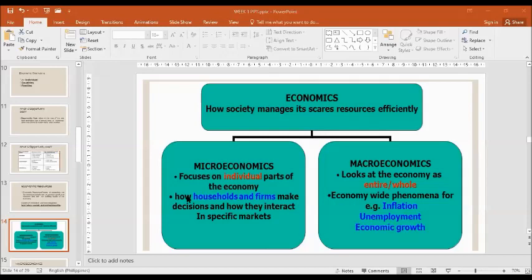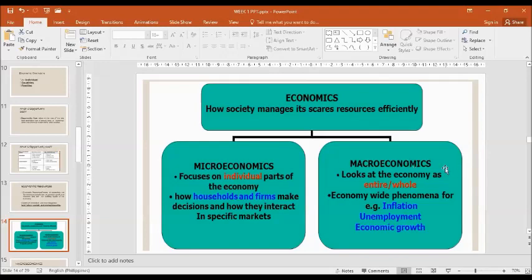Okay. So take note, households and firms are those who make decisions in microeconomics.